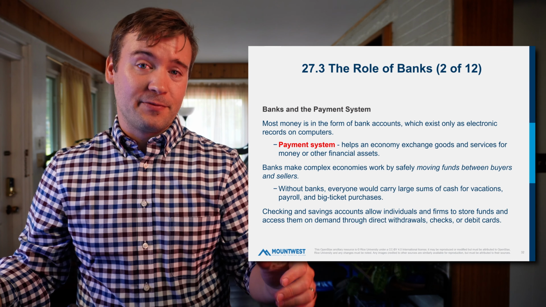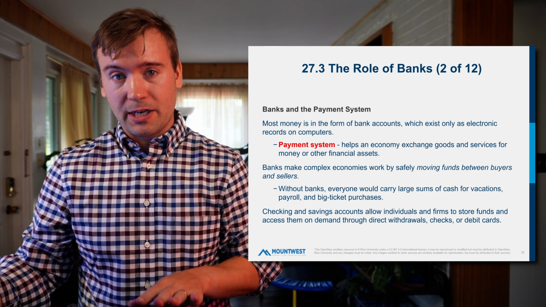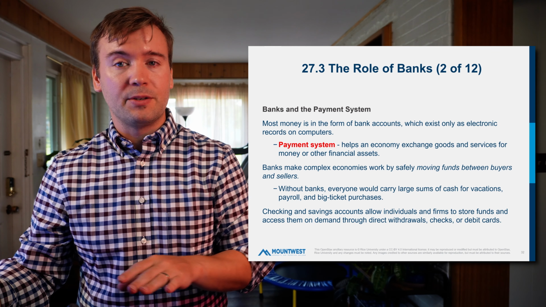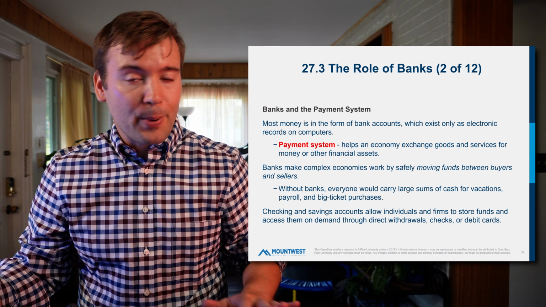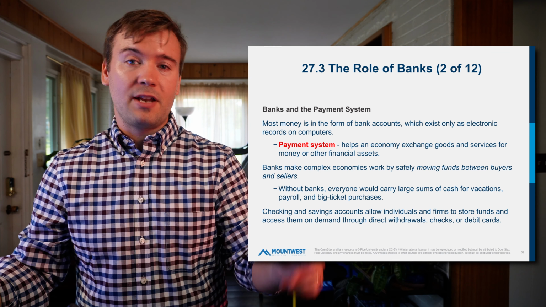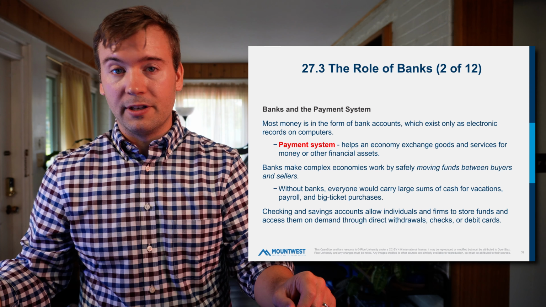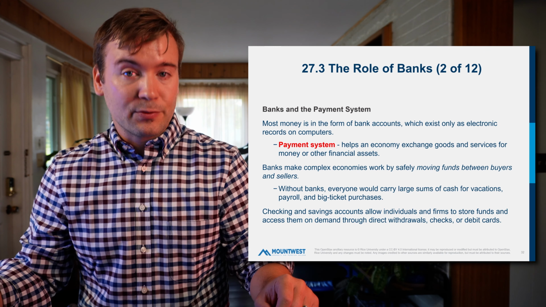So how do banks facilitate our complex economy? Modern economies handle millions of transactions every day, from buying groceries to paying salaries, and they couldn't possibly function if everyone had to pay in physical cash. Imagine having to carry around thousands of dollars for a down payment on a car or a semester's worth of tuition. And that's where banks come in.